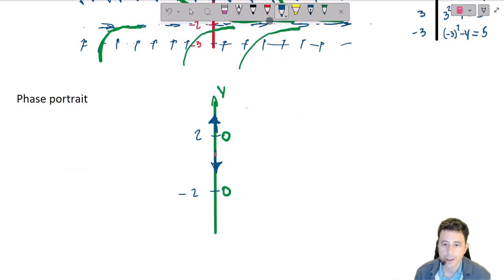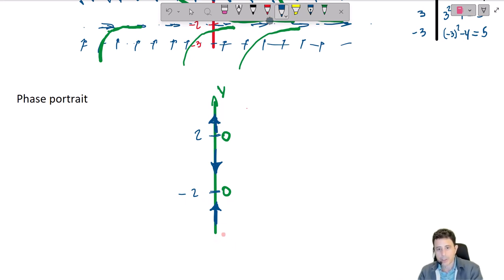And then below negative 2, the derivatives are positive. Okay, so the phase portrait gives us an idea of how the solution is behaving, right? So here, if I drop something between these two lines, then the solution is going to go down. And if I drop something below the negative 2, the solution is going to go up.